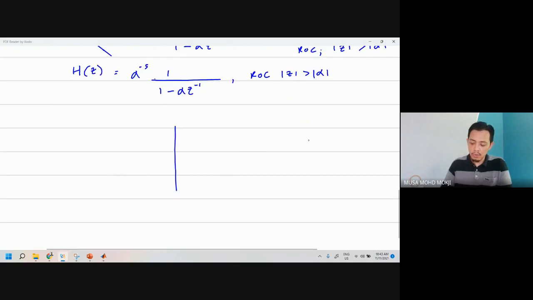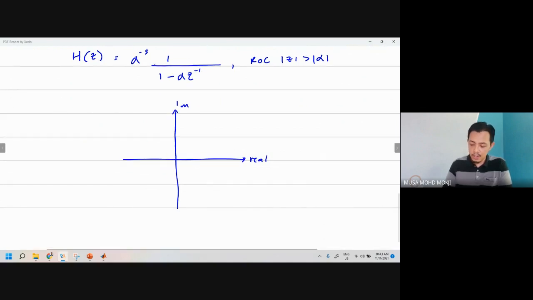And if you want to sketch, this is the real axis, this is the imaginary axis. Because z is a complex value, when you have the absolute value of z, what is this? The absolute value of z means radius.